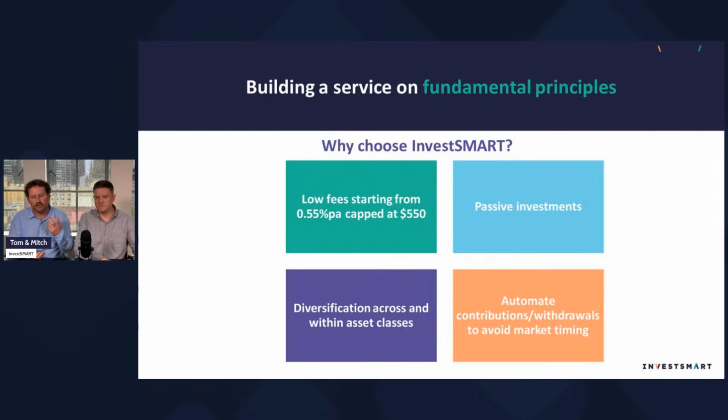We're then going to make it easy for you to add to your portfolios with automated contributions, or if you're in retirement mode, automated withdrawals. So every month you can have $2,000 or $3,000 coming out of your account, and we rebalance it for you automatically, avoiding market timing, because that's something we are really against. We very much believe it's time in the market, not timing the market.